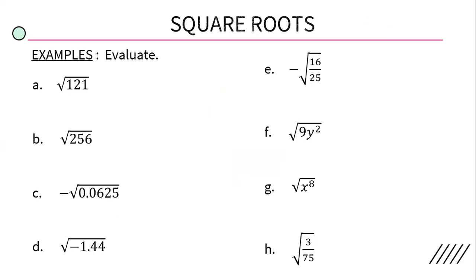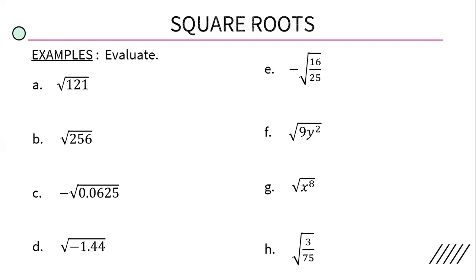Evaluate. Now, for this one, some of these we know without even having to go to the calculator. But if we need the calculator, we would click on our radical symbol. For the square root case, we just click on the radical symbol without any x attached to it, and then insert our number.